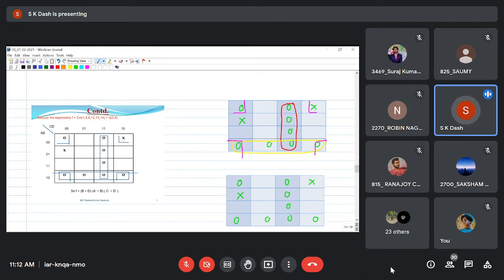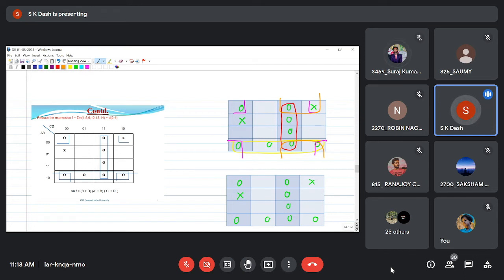Any other quad possible? Check properly. Someone was telling about four quads. They can be a quad. These two are adjacent to these two. Yes or no?